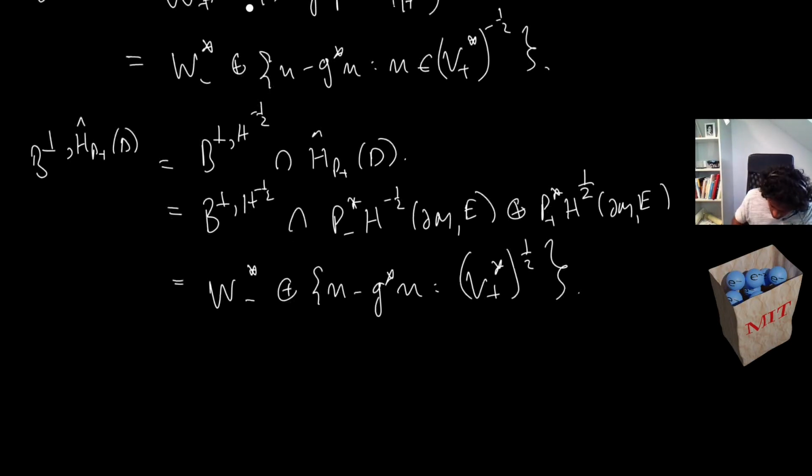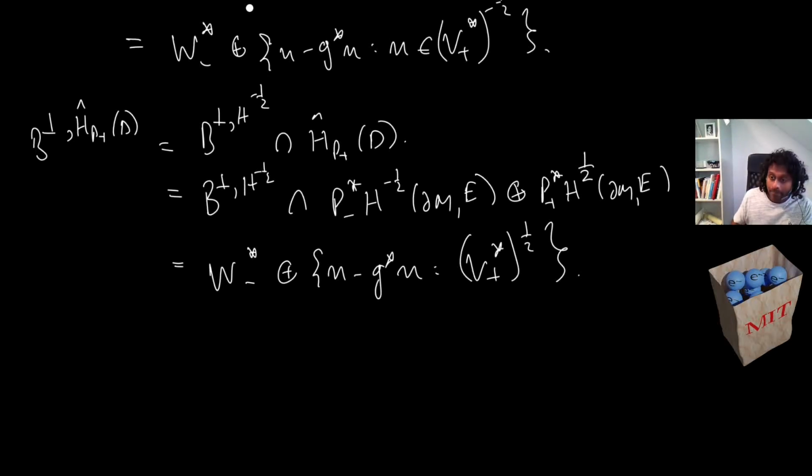But we assumed that G star maps in the graphical decomposition. One of the conditions is that G star maps us from V plus star half to V minus star half. So if we take the U here to be in the V plus star half, then we're guaranteed that G star U is also in H half, right?